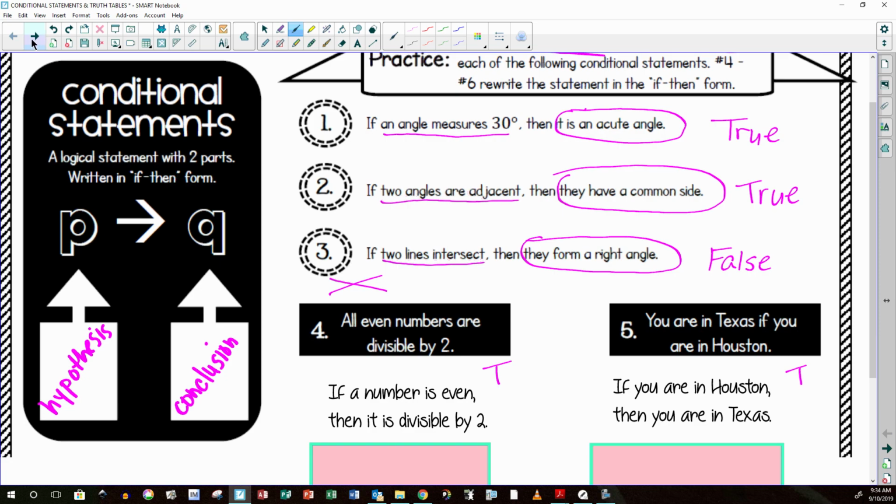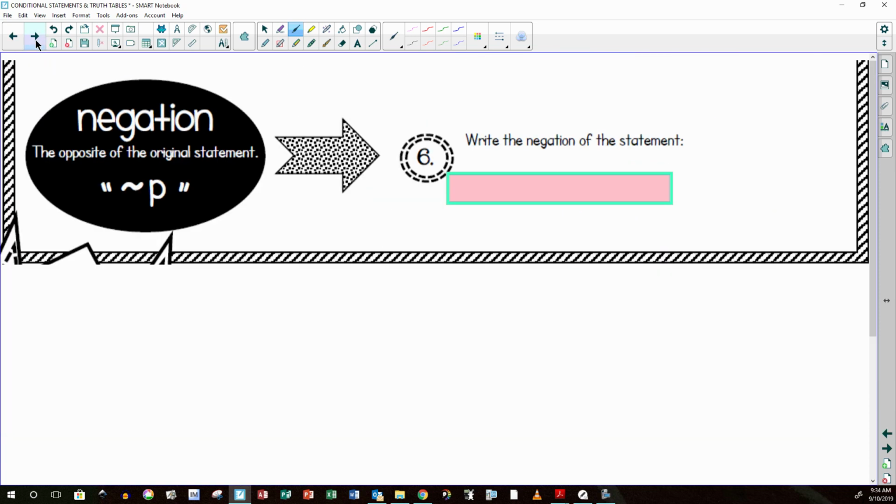All right, so with that being said, let's talk about the negation. The negation is when you say the opposite. So like the opposite of 1 is -1. That's the negation. So if my hypothesis is P, then not P, the symbol equals the word not. I call it squiggly.